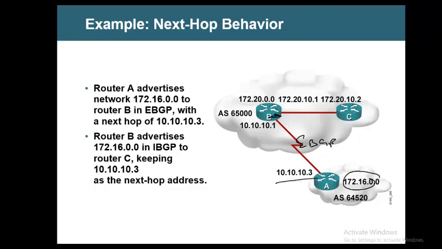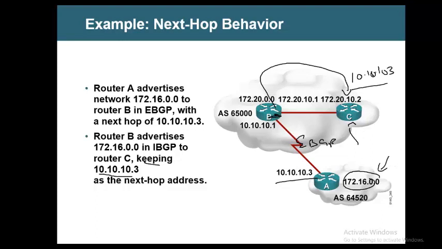Now, when B advertises this to C, it keeps the 10.10.10.3. There is no change done to the next hop. As you said, for router C, 10.10.10.3 is unreachable. As a result, router C cannot use the update given from A, which is 172.16.0.0.